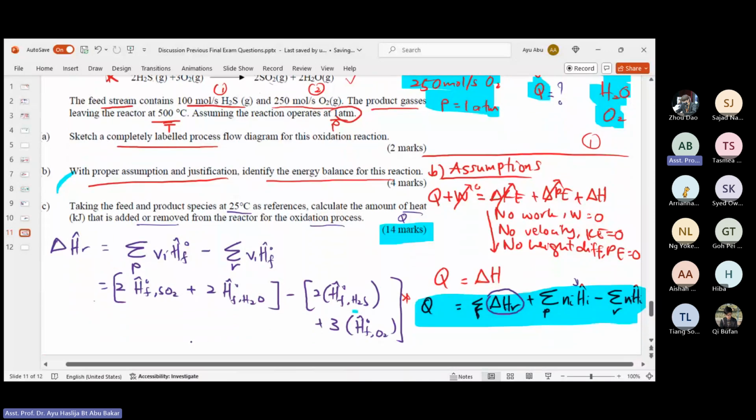The info of HF you can find in table B1. Now, try to calculate what you get for HR.